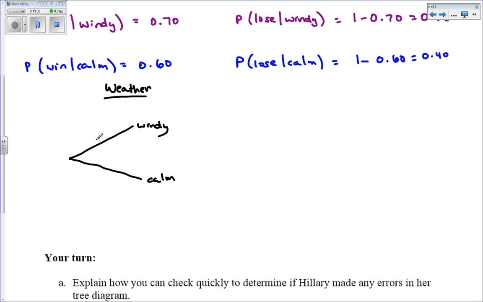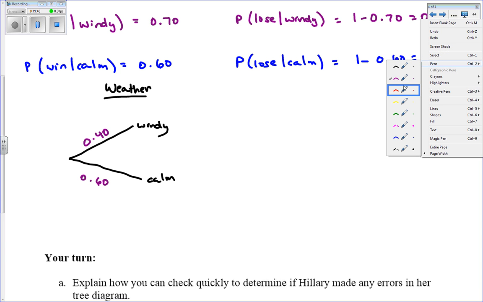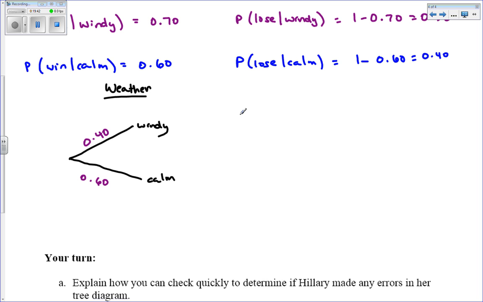The probability of it being windy was 0.4, and the probability of it being calm was 0.6. Then we're going to look at the result, so win or lose. So for windy, they can win. For windy, they can lose. For calm, they can win. For calm, they can lose.